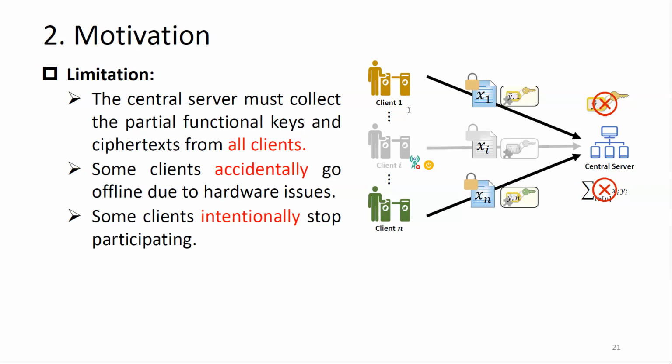Even if only one client is negative, the server cannot obtain any useful information. As the saying goes, a pot of milk is ruined by a drop of poison. A more realistic requirement is that even if some clients are negative, the central server can still calculate the data from positive owners.